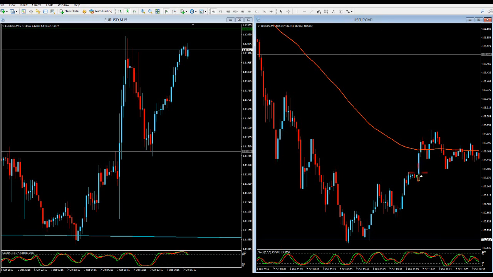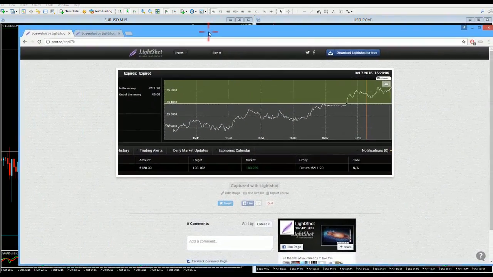So let me put an arrow here. At the beginning of this candlestick, so about here somewhere, and I'm going to show you the trade first so you know that I actually took this, which was about a 10-minute trade.